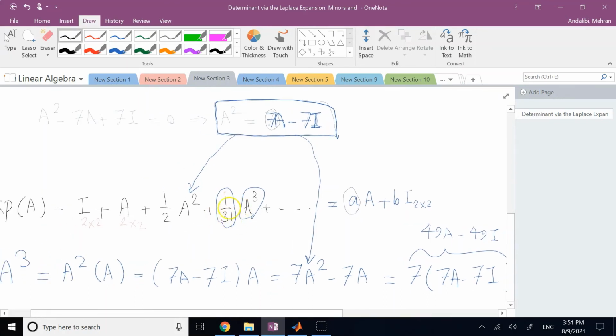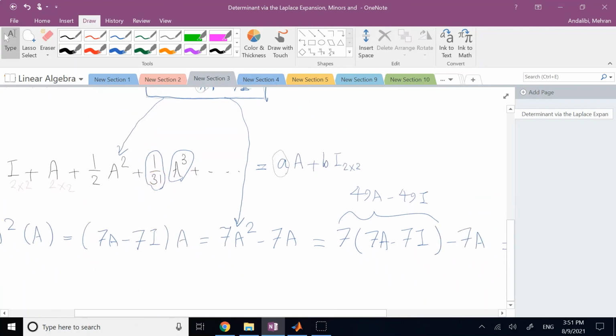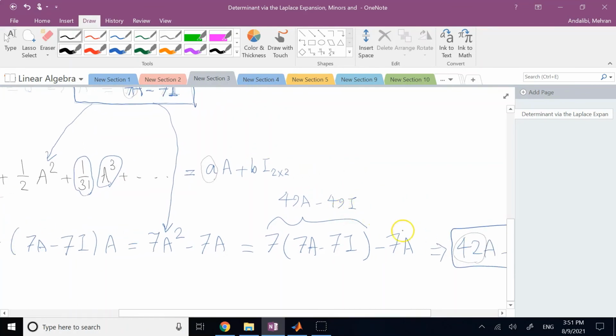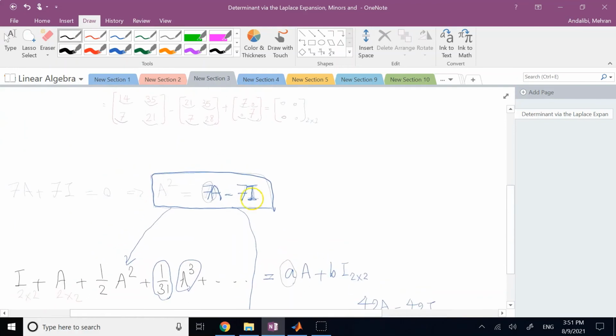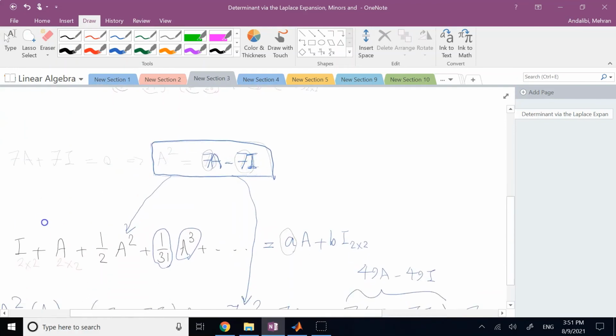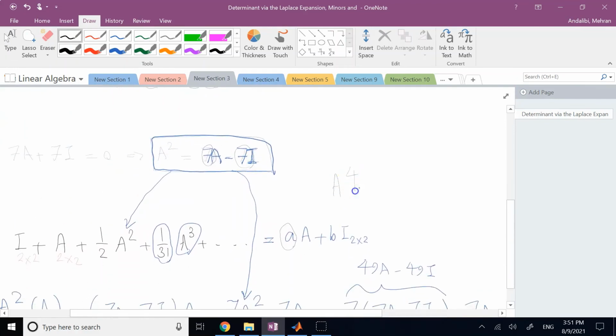If you look, this factorial is basically growing very fast. If you look, for example, at the weight of I, it is 7 squared, right? Which is this number squared. So if you go to A to the 4, you probably expect something like 7 to the 3 to appear behind I, right? And go to A to the 5, it's going to be 7 to the 4.